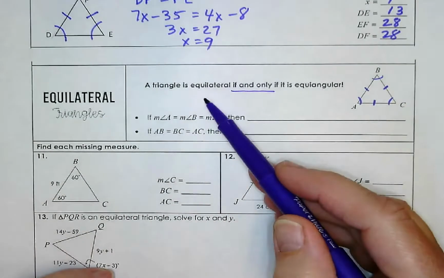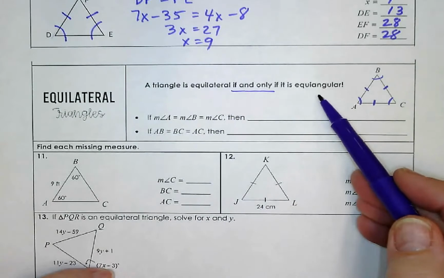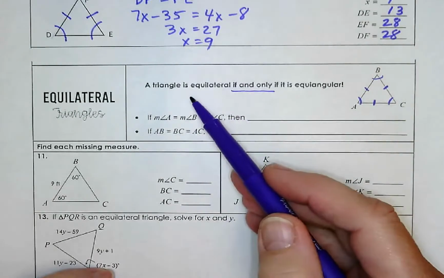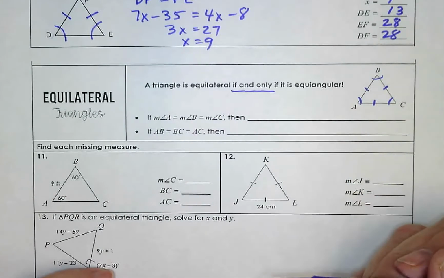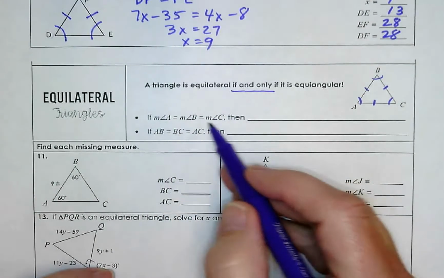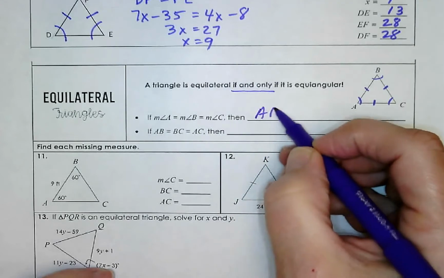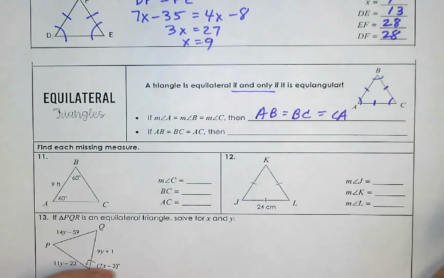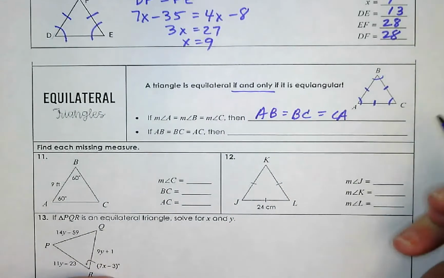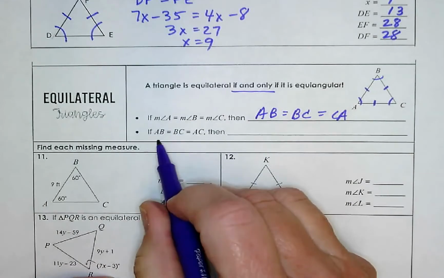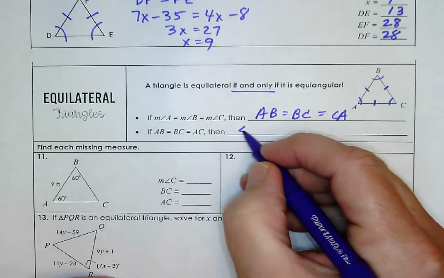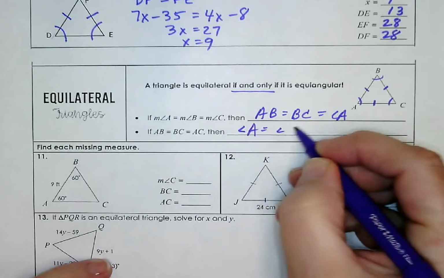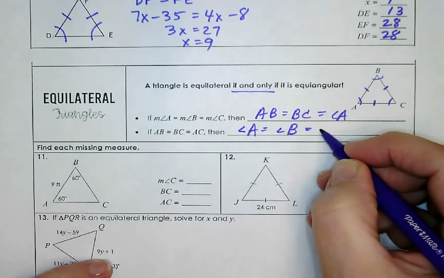If you have three sides equal, then you'll have three angles equal. If you have three angles equal, then you'll have three sides equal. You get one, you get the other. So if the three angles are equal, then I know the three sides are going to be equal, all the same measurement. And if all three sides are equal, then I automatically know all three angles are going to be equal.